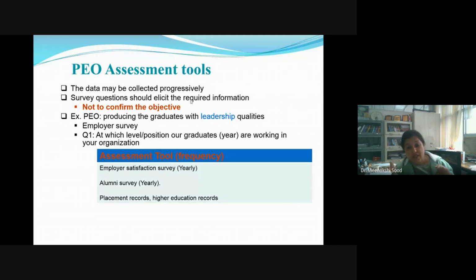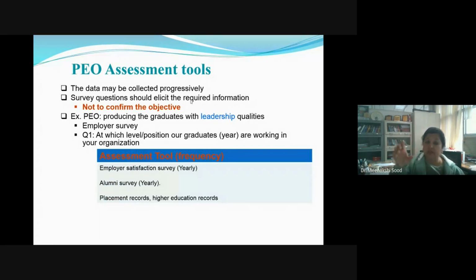So the questions related to PO1 should be there. So if you are saying that how many of them have the GATE score or have gone for higher education, so the question should be what you are doing right now, or have you completed any other qualification after completing the graduation.